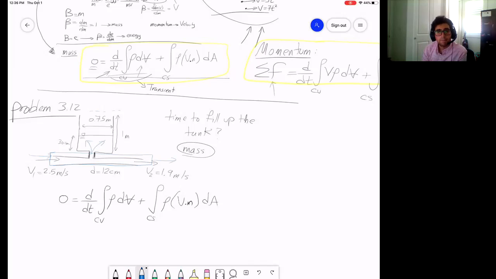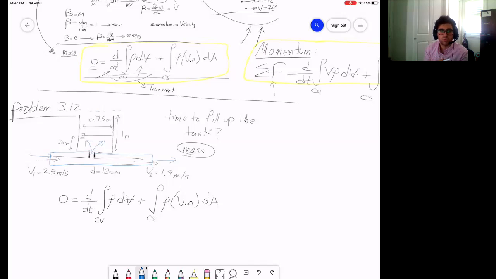Oh, so we can figure out how much is actually going into the tank? Yes, you can do that. And after you figure out how much water or mass is coming into the tank, you can basically find the height easily. So it's all about drawing your control volume.